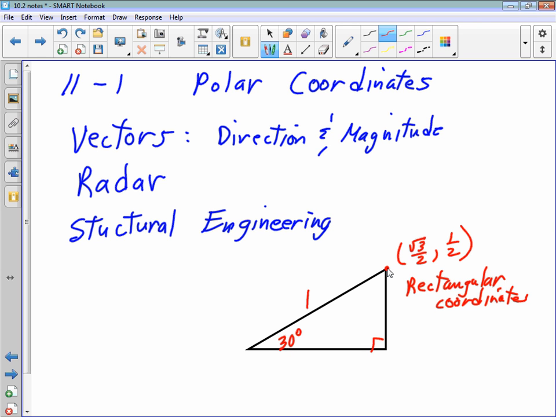We arrive at the same location, but in this case, we just give polar coordinates: our distance r equals 1 and our angle theta equals 30 degrees. And we get the same place. It's just another way to look at how we get where we go.